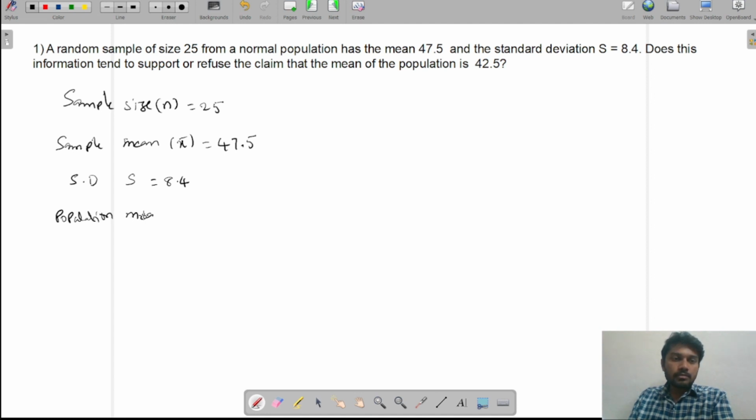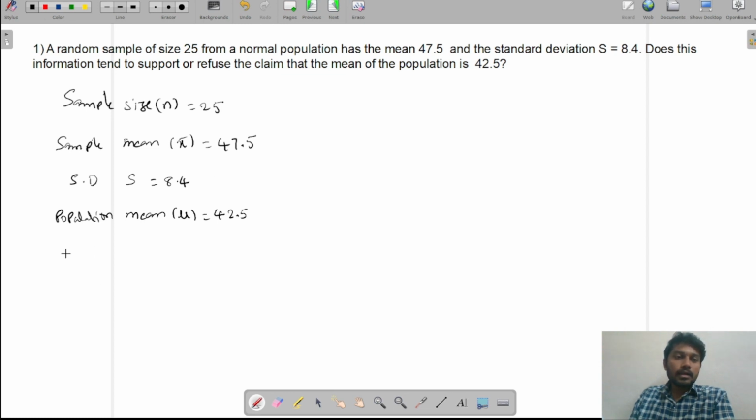This is the data given in the question. Now I'm going to solve it, that is, whether the given data refutes or supports the claim, that I'm going to identify.